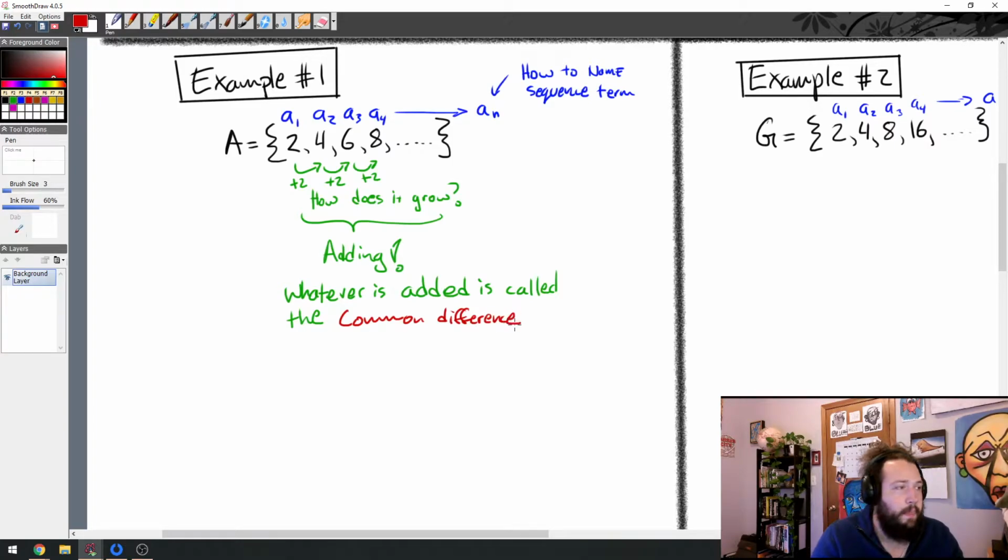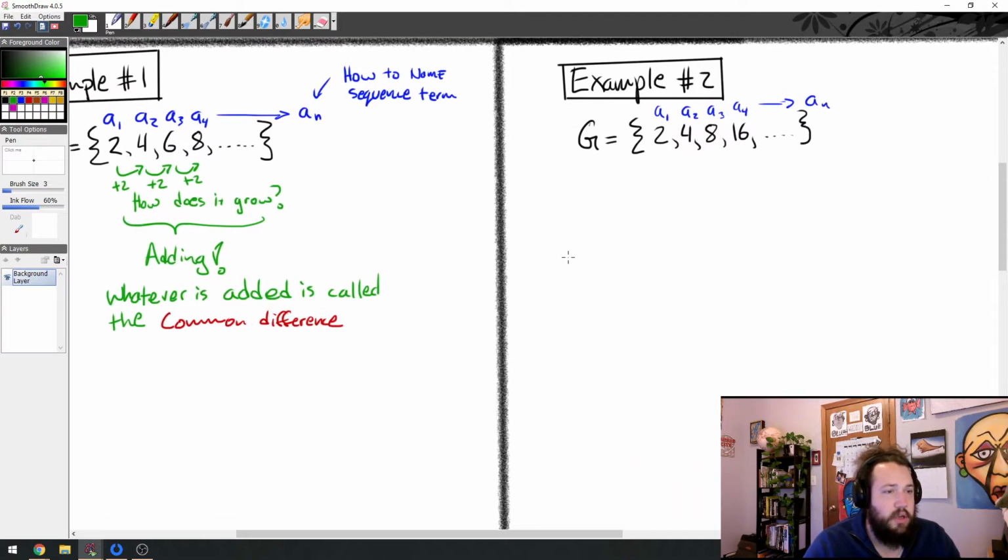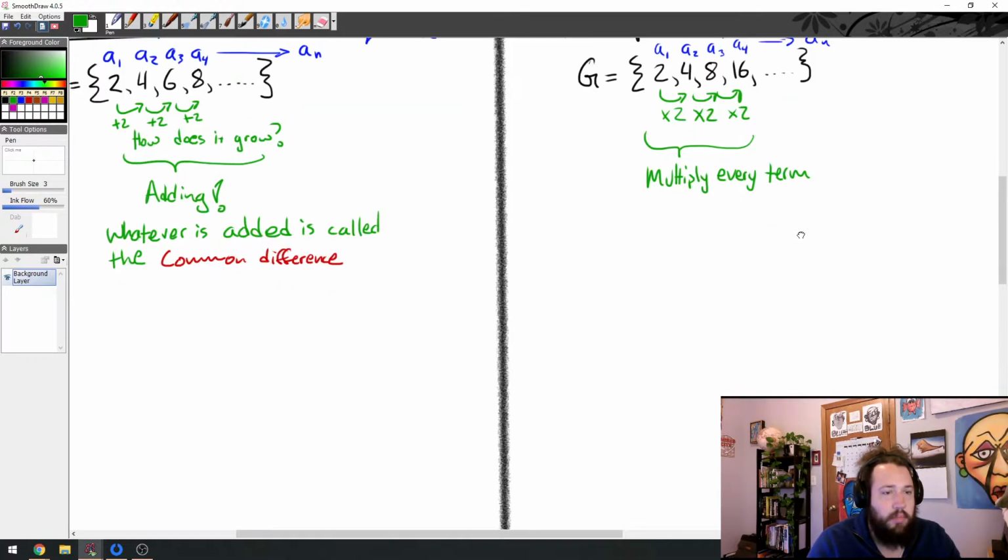All right? And I can ask the same question over here. How does this grow? Here, to get from 8 to 16, I'm going to multiply by 2. To get from 4 to 8, I'm going to multiply by 2. So I am growing by multiplying every term by 2.